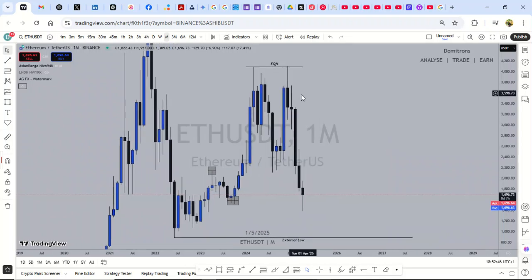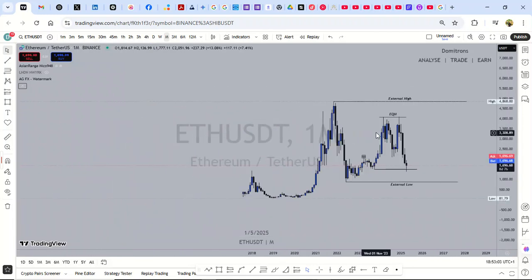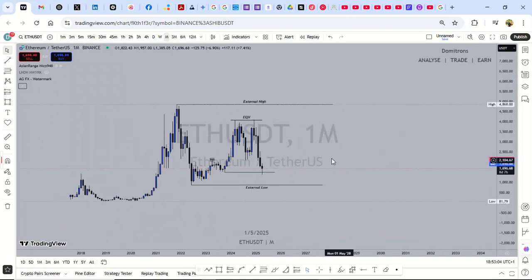Alright, it trades backwards. Now when it trades backwards, what I see right here is it's hunting this low. Alright, so that is a sweep of internal range liquidity. We had that sweep right there.